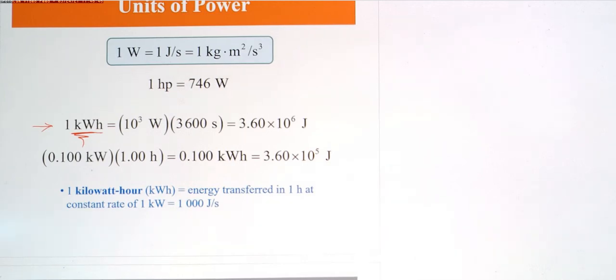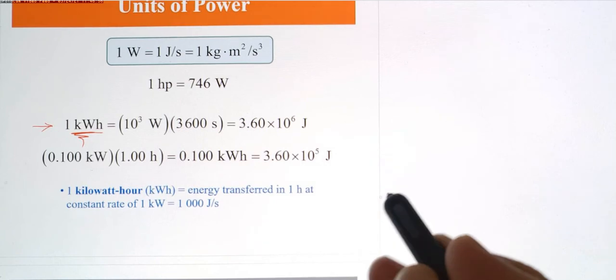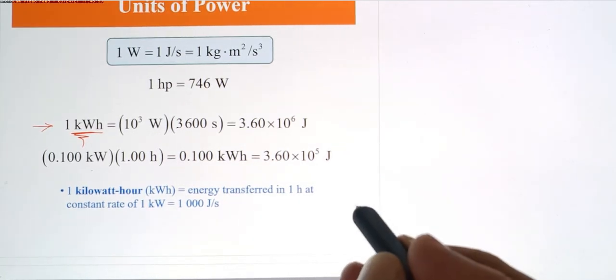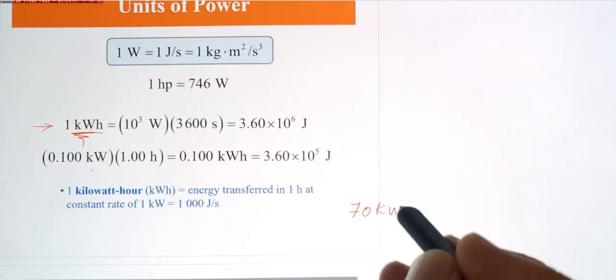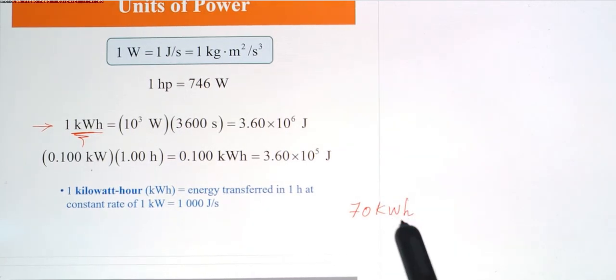The meaning of that is like every hour they give you 1 kilowatt. So suppose that you saw in your bill that your consumption was 70 kilowatt hour, that means you were receiving every hour 70 kilowatt.